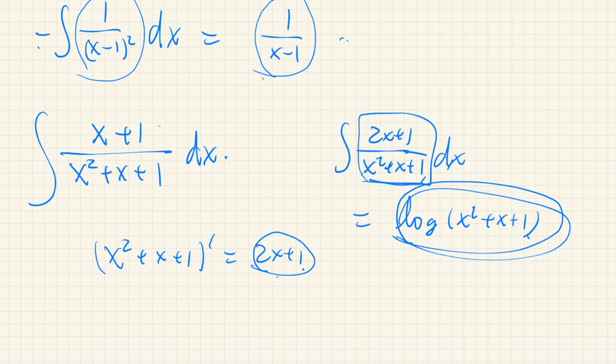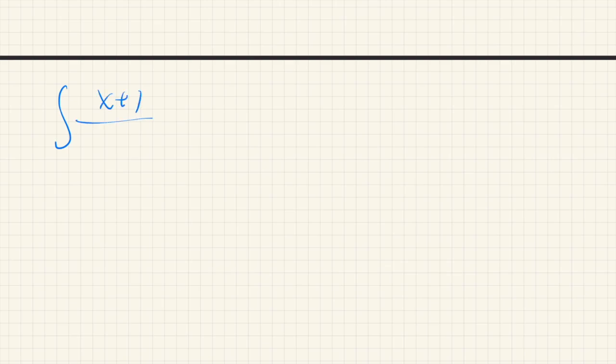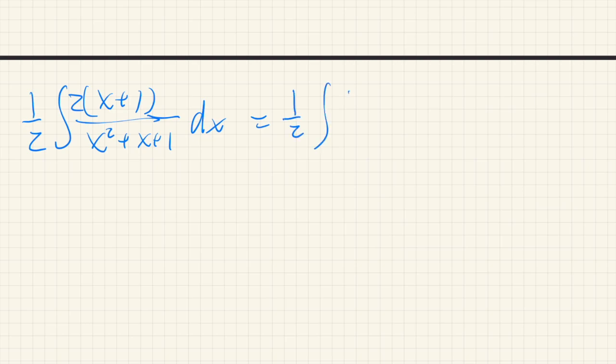So let's make this numerator as close as possible to this. We have the integral of x plus 1 over x squared plus x plus 1 dx. First let's multiply by 2 and divide by 2. Now we have 2x plus 2 over x squared plus x plus 1.